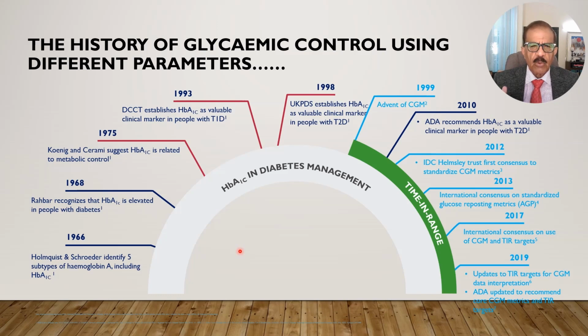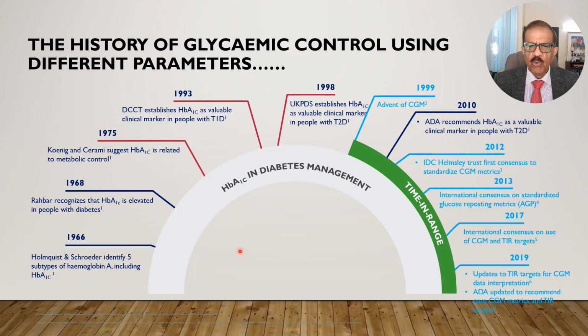Since the average RBC life is 120 days, and this glycated hemoglobin is irreversible, it will remain present in the RBC as long as that RBC survives. So on average, HbA1c would remain elevated for 3 months if your sugar is high.